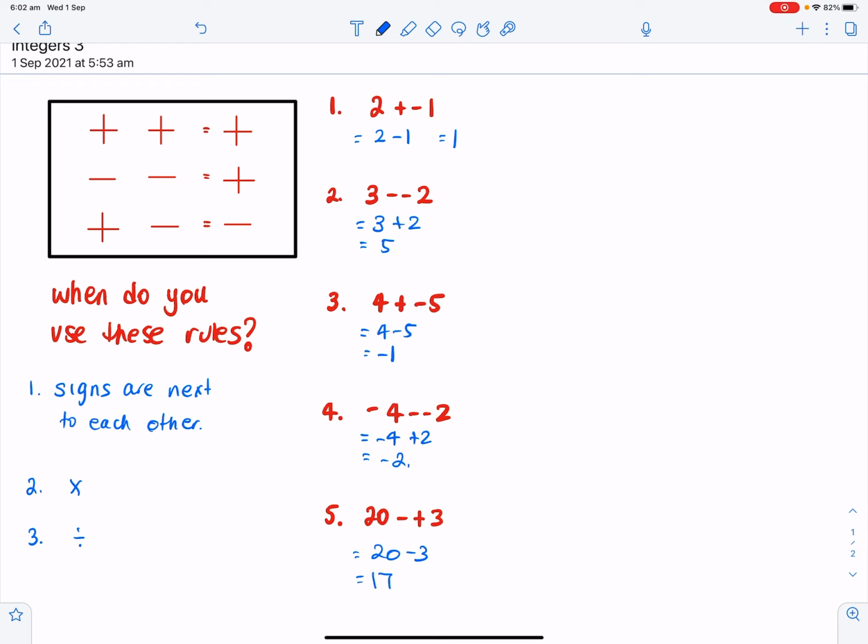Okay, so it's not complex if you just concentrate and focus and you apply the rules simply. So that is how you apply the questions when you have these rules, okay? We are going to come back and talk about multiplying and dividing later, but I've just focused on this for this video.